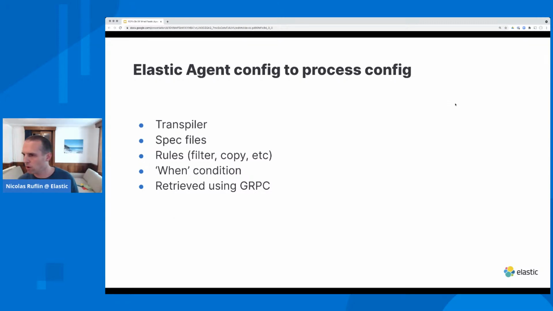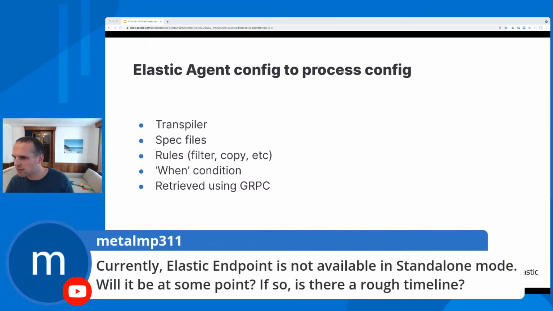I see there is one more question here in the chat. Currently, Elastic Endpoint is not available in standalone mode. Will it be at some point? If so, is there a rough timeline? That's a good question, and you're right, it's not available in standalone mode. I'm not part of the Endpoint team, so I'm probably not the right person to answer this.